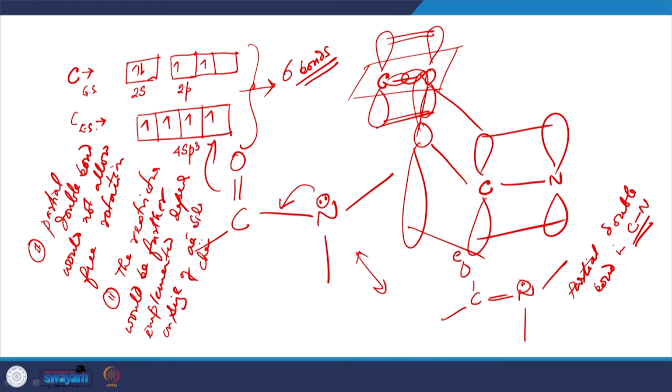These two are very, very important factors, and these, as I told sometime, make protein different from other polymers.